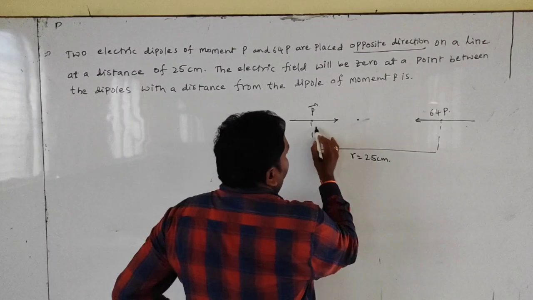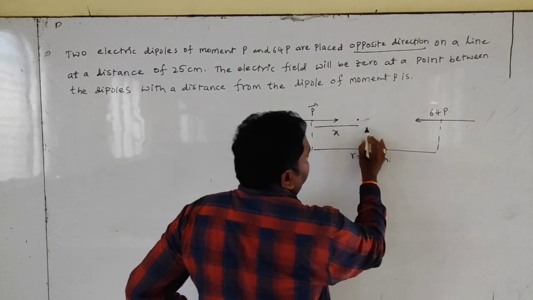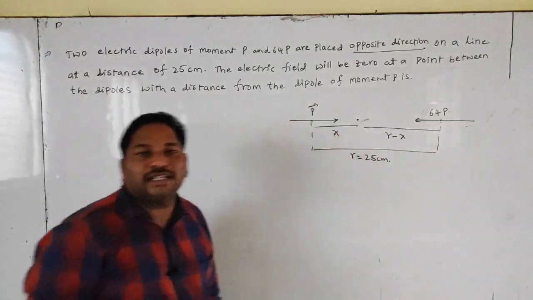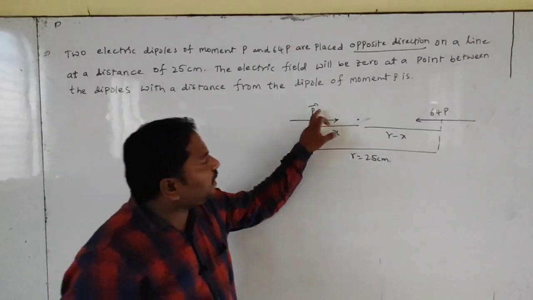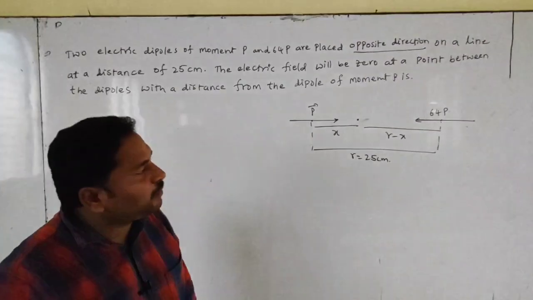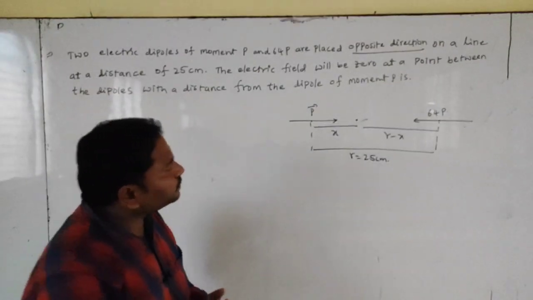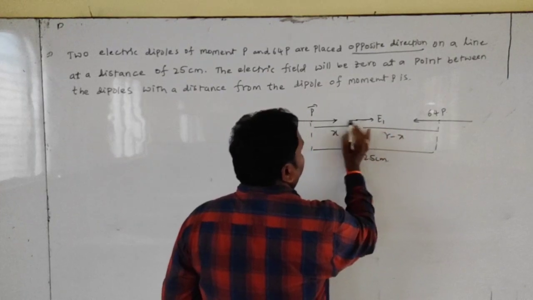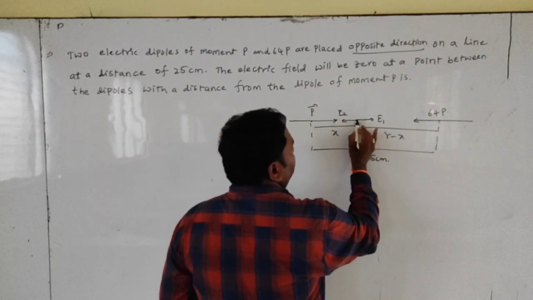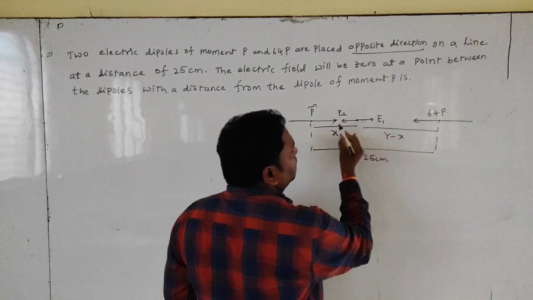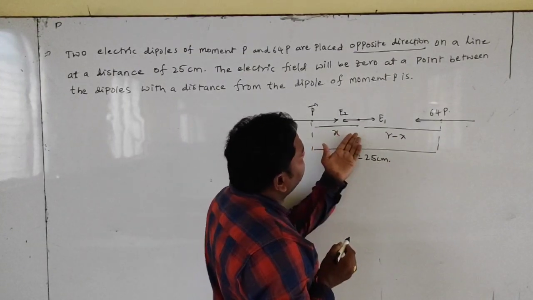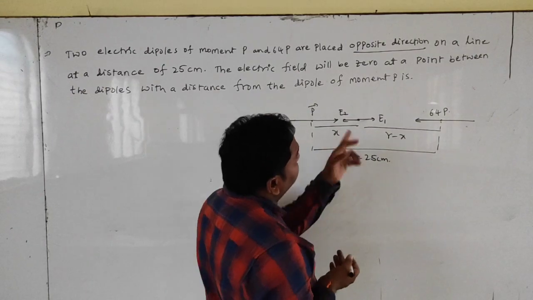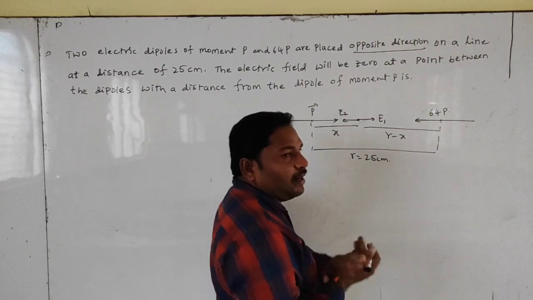Let's say it is x distance, then the remaining distance is r minus x. Generally the neutral point is formed near the smaller dipole moment. Here both electric fields are in opposite directions, so there is a chance the net electric field is 0 in between the dipoles.